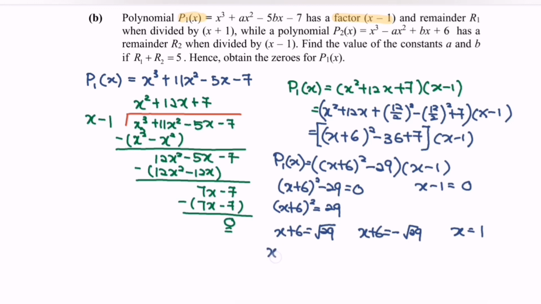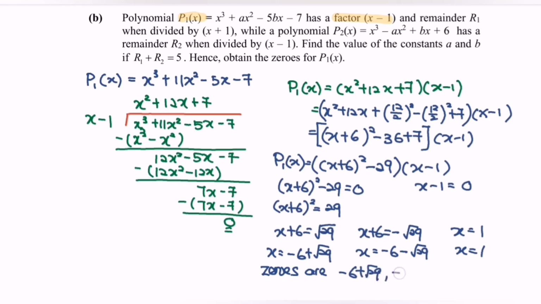Finally, x = -6 + square root of 29, x = -6 - square root of 29, and x = 1. What are the zeros? So the zeros are -6 + square root of 29, -6 - square root of 29, and the last one is 1.